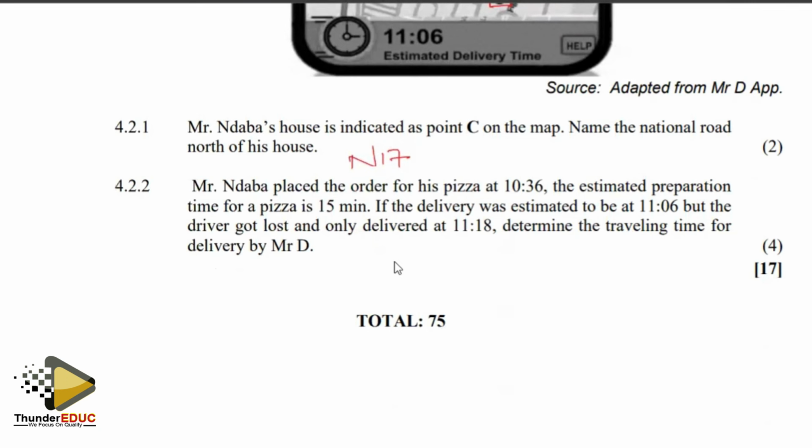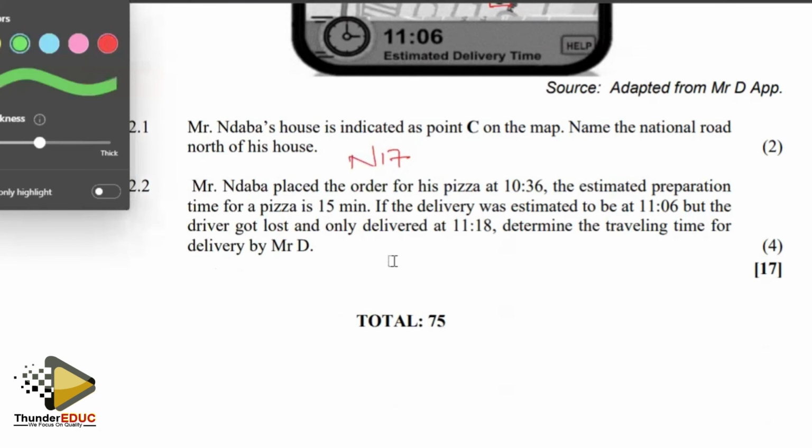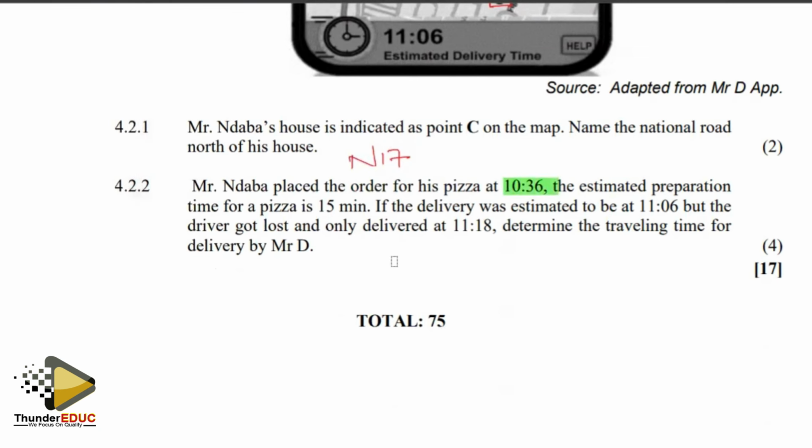Let's go to this other one here. Miss Andava placed an order at 10:36. Take note of that. The estimated preparation time for the pizza is 15 minutes. We are dealing with time now.